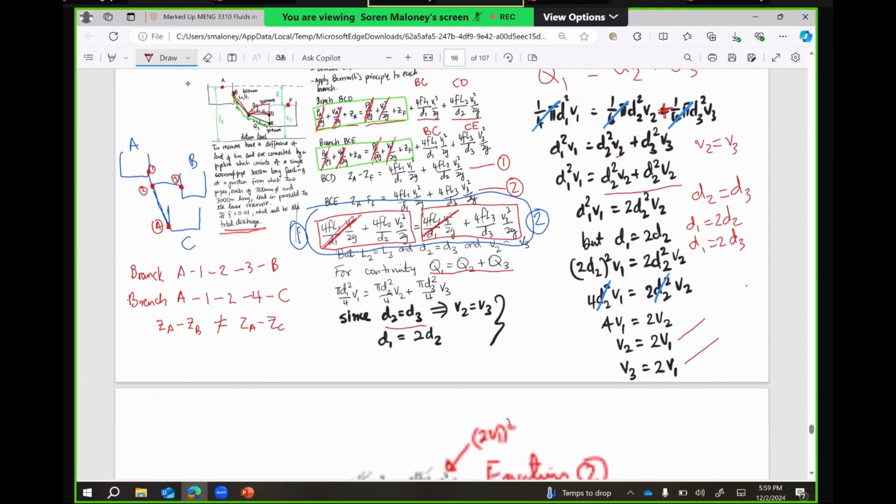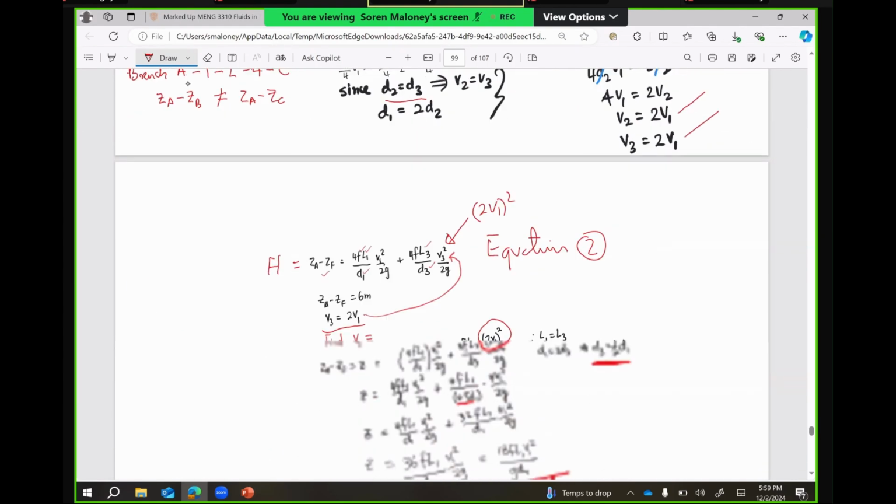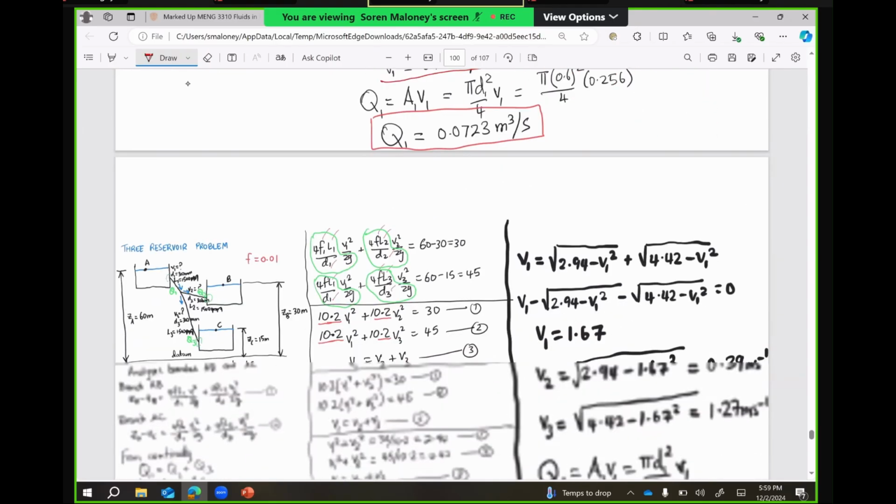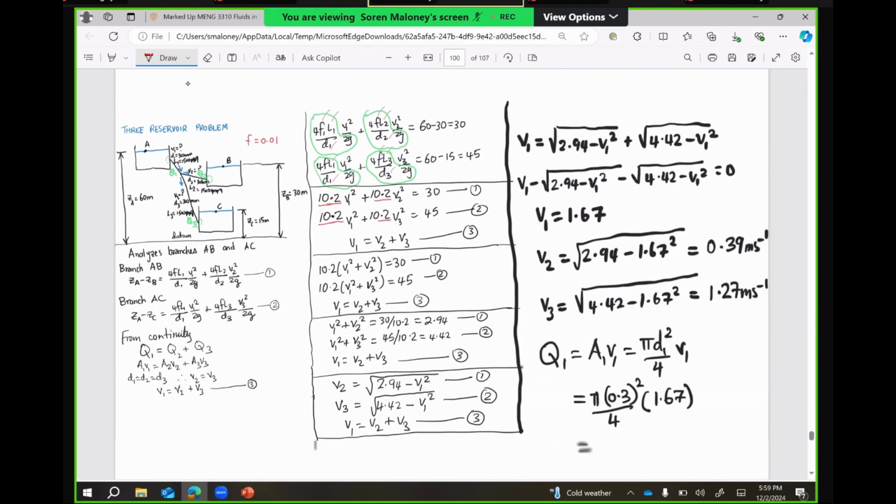But now that brings us to our last problem, which is called a tree reservoir problem. A tree reservoir problem is a little more complicated. Usually I like to solve this using Excel, but I'll let you calculate by hand. So we are also going to look at a tree reservoir problem.